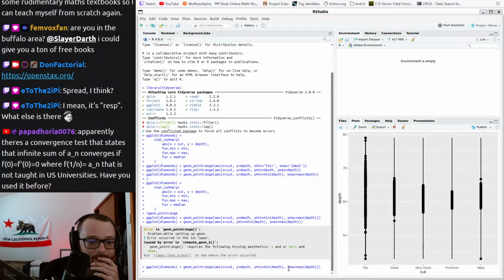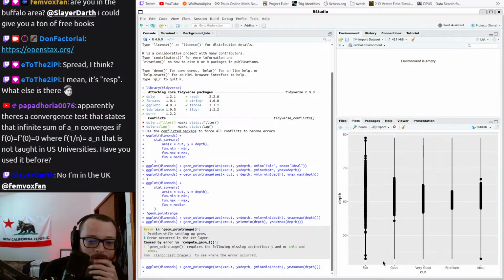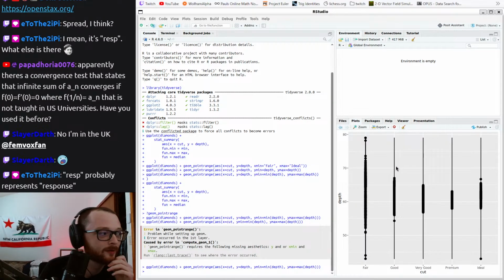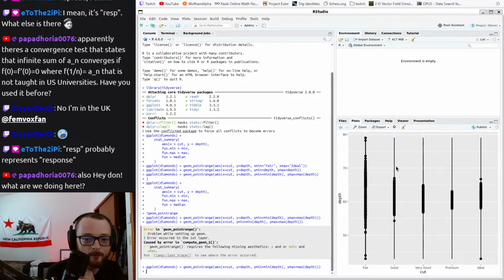Oh, wait. These all have the same min and max. That's a problem. I have no clue what that data means. I need to group this by cut. That's something that I need to do for the y-mins and y-maxes. I don't think it's going to solve the entire problem, but it'll solve part of it.